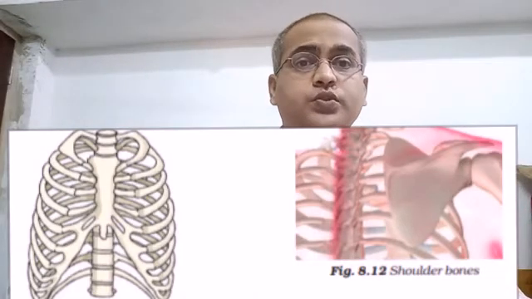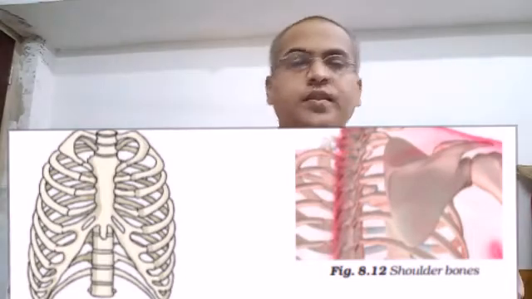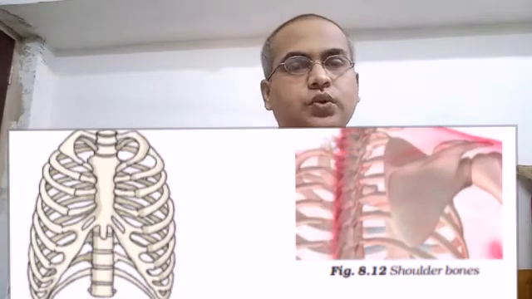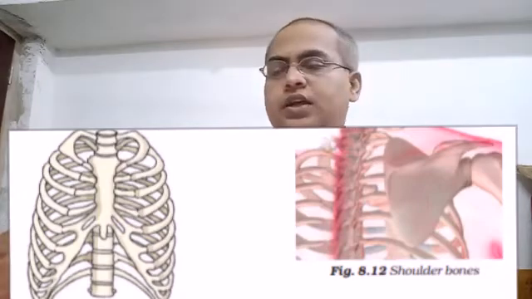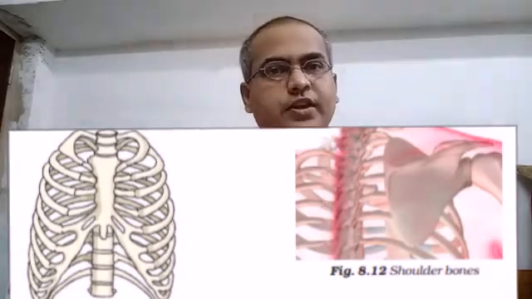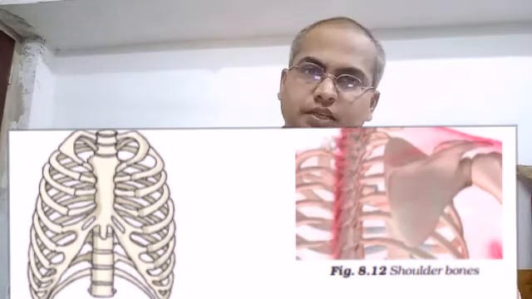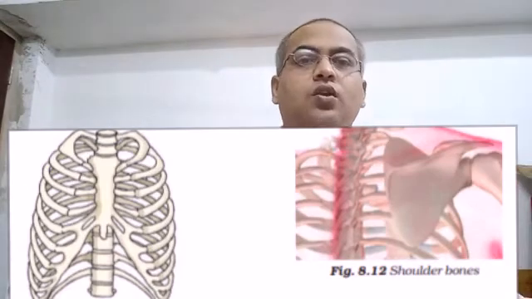These are the bones present in our body: the ribs, collarbone, and scapula from the shoulder. Then come the hand, upper arm, lower arm or forearm, palm, fingers and thumb. Then comes the pelvic girdle, 3 bones fused together, attached with the lower vertebra.